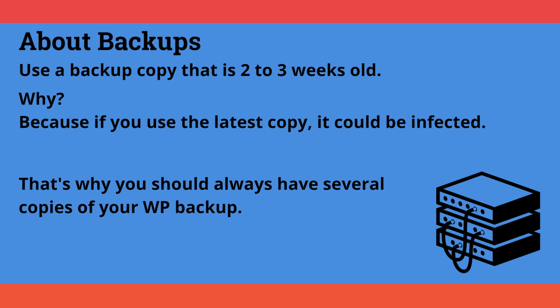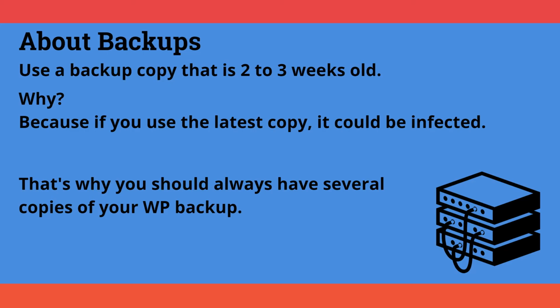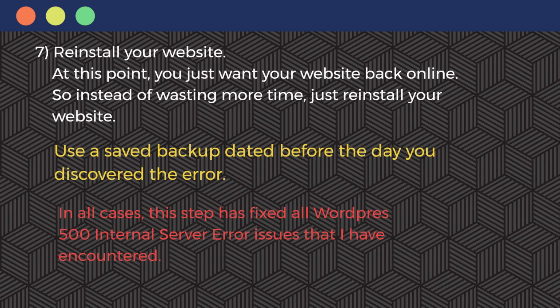And don't forget to use a backup that's dated before the day you discovered the error, because if you use the same backup of the day you discovered, or the day before, or that week, the issue could be in that backup, and you will revert back to your same issue of having the 500 server error displayed again.